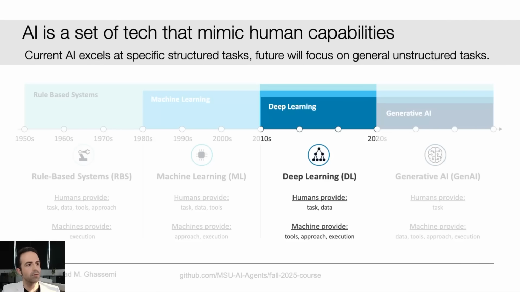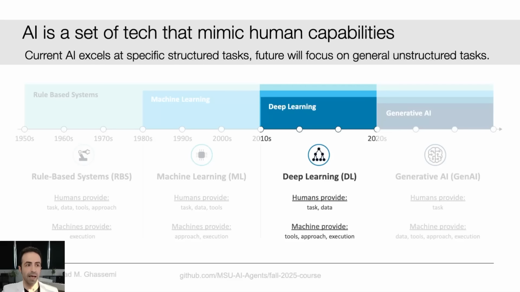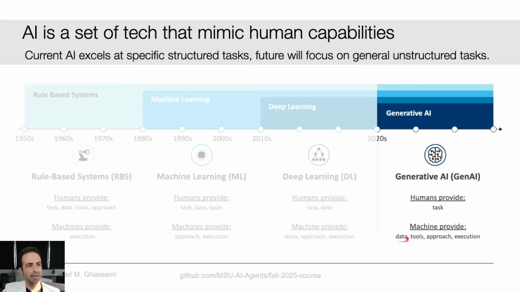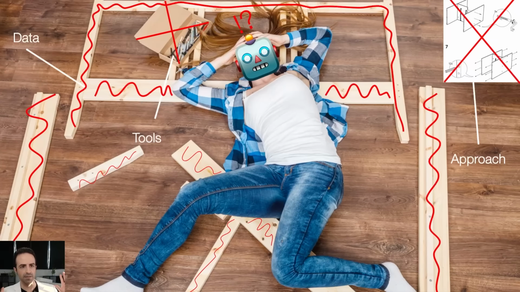Okay, finally, as we move from the deep learning to the generative AI era, you might notice that that item data here moved off the list and again entered what the machines provide. And so the equivalent of this would be us striking all of the inputs that we provide. There's no longer any wooden blocks that are given.